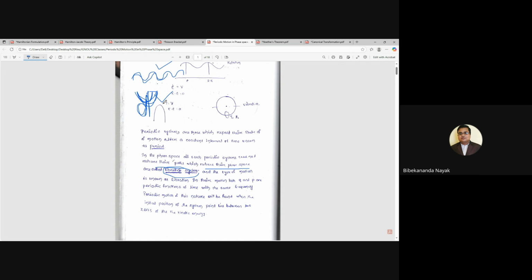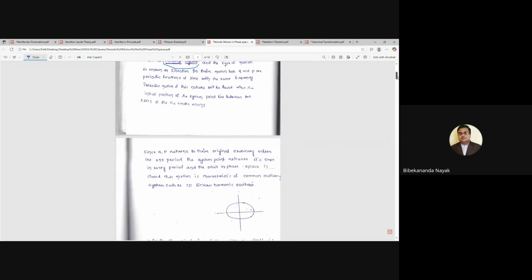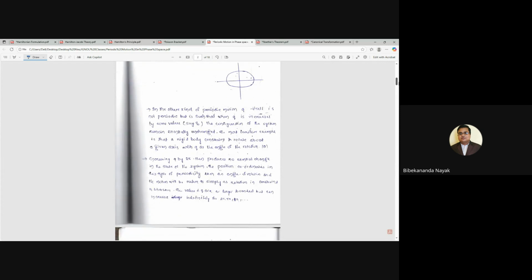Libration means a closed path, but the wave path represents rotation. Rotation means if you rotate by 2 pi or more, it will again come back to its original position. These are the two phases, libration and rotation.